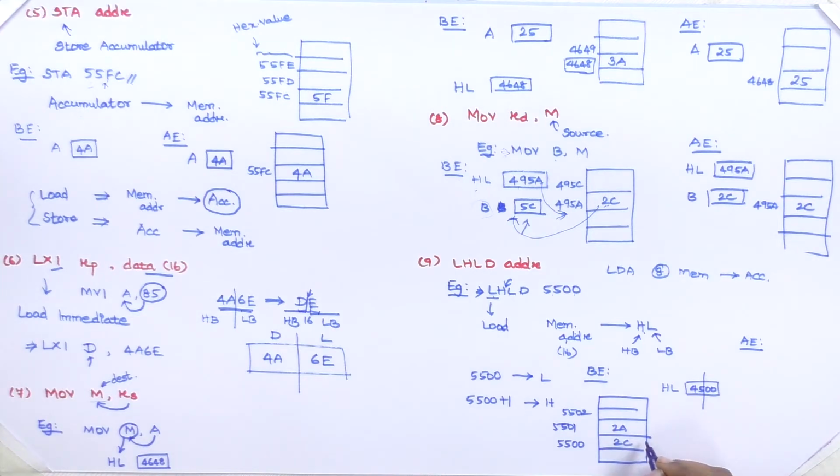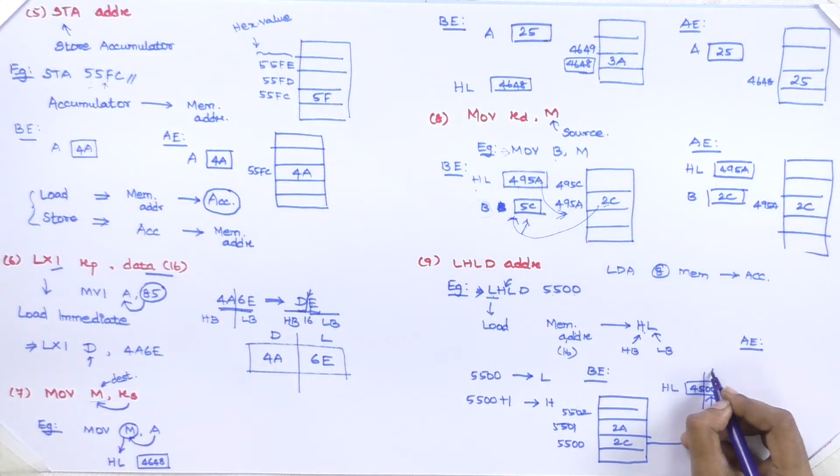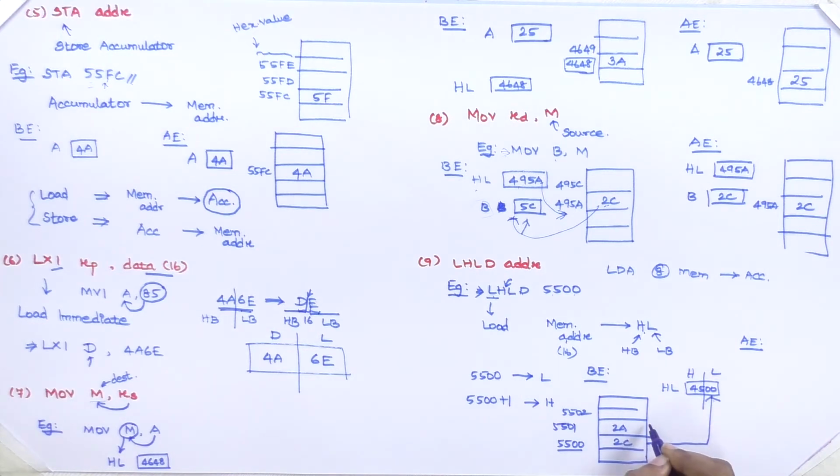After execution, the value in 5500 will get stored in L. This is the lower byte. This is the L register and this is the H register. The value in 5500 is stored in the L register, and 5500 plus 1, which is 5501, will get stored in the H register.